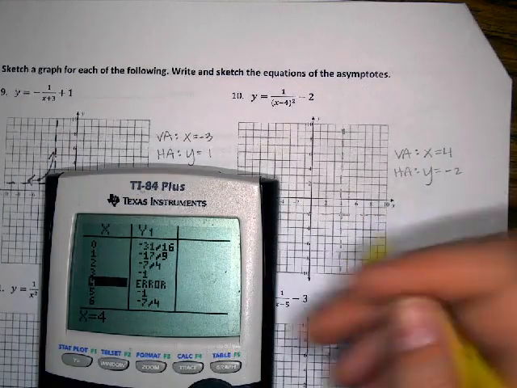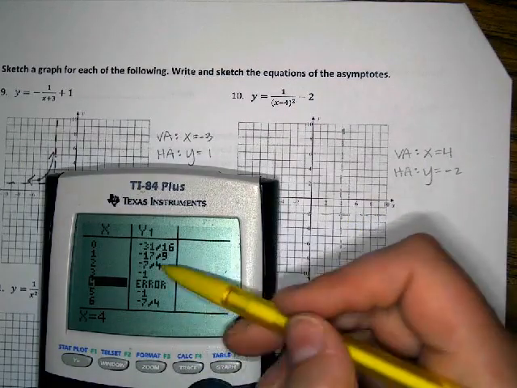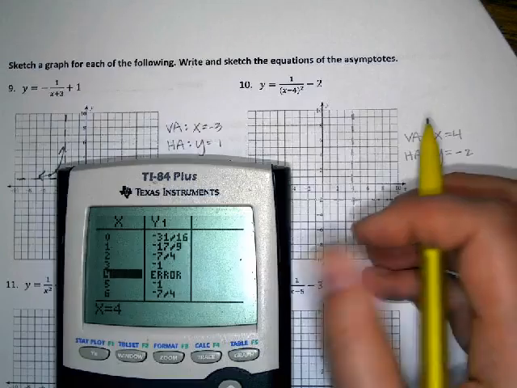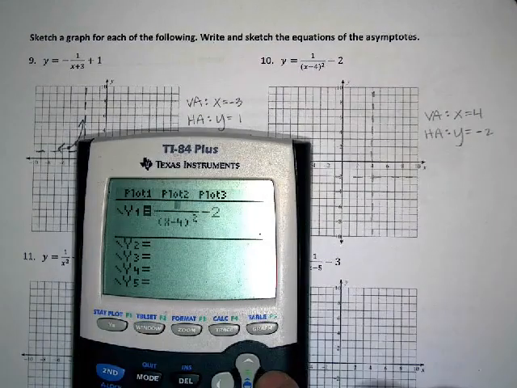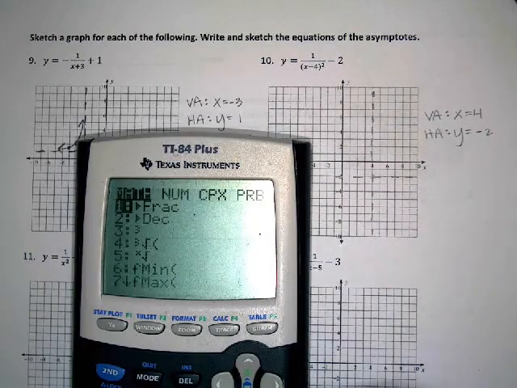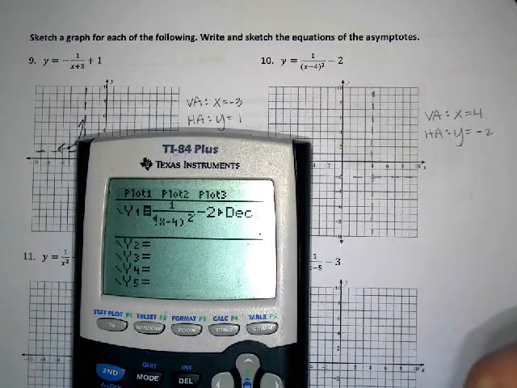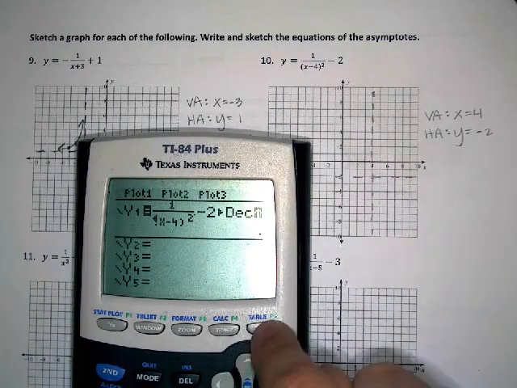And then, again, my fractions are hard to graph, or hard to tell what they are. So I'm going to hit y equals. I'm going to go to the end of my equation, hit the math button, and turn all my outputs into decimals. Hit second graph again. Now I've got decimals.